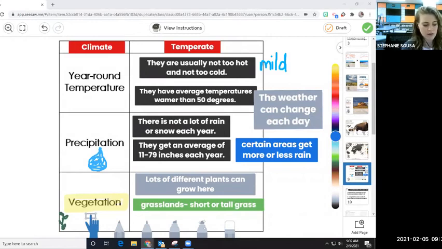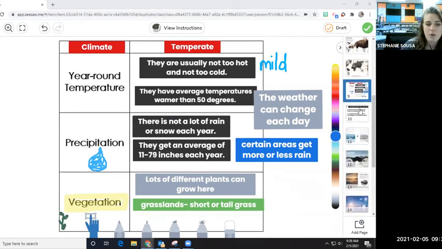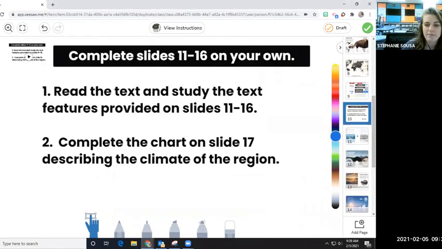All right, let's take a look at your independent work. Here's your independent work today. Directions are in slide 10. Complete slides 11 through 16 on your own. Read the text and study the text features provided on slides 11 through 16. Complete the chart on slide 17, describing the climate of the region.